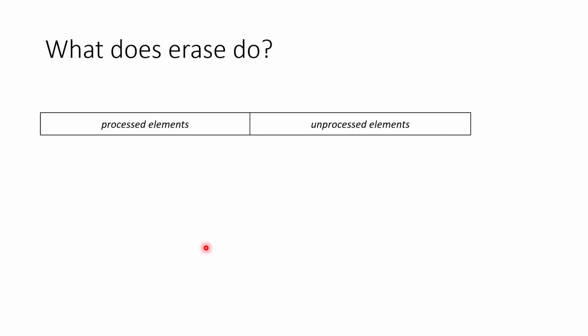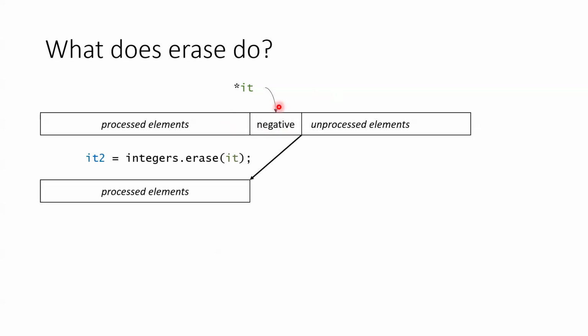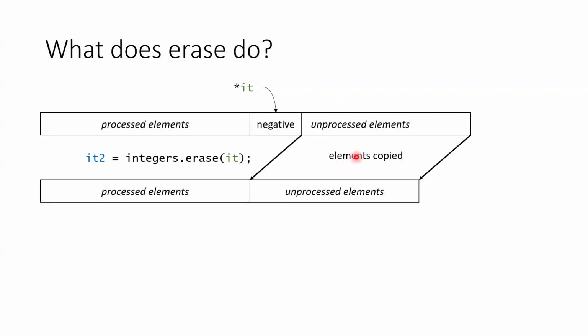And internally, what does erase do? Say we have the vector like this. We have the processed elements, we have the unprocessed elements, and we have IT right here. And we see that this is a negative value. So we call erase IT. The vector will keep the processed elements the same, and it will copy over one by one the unprocessed elements to where IT, the negative value, was.